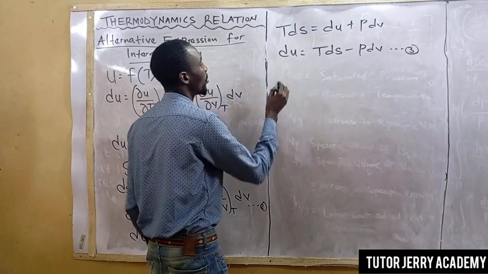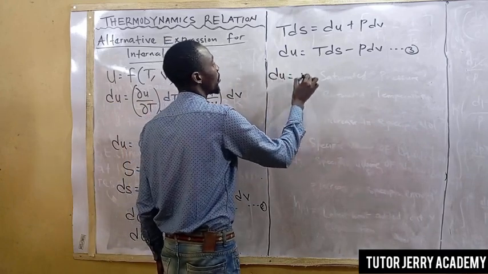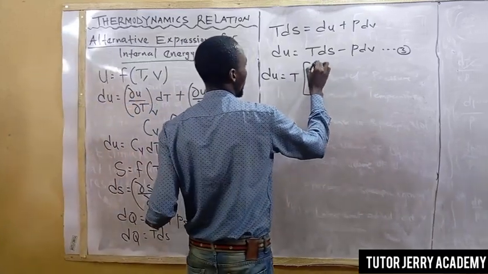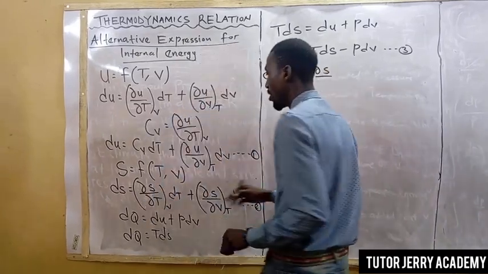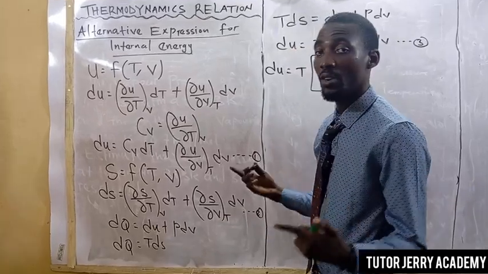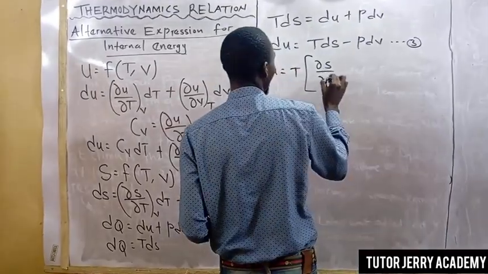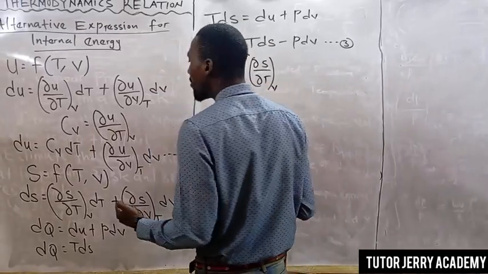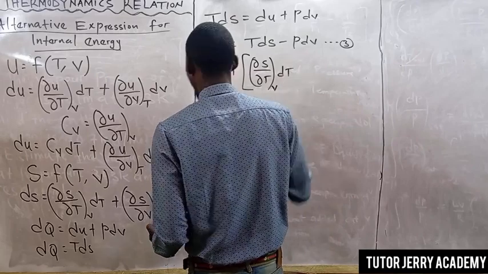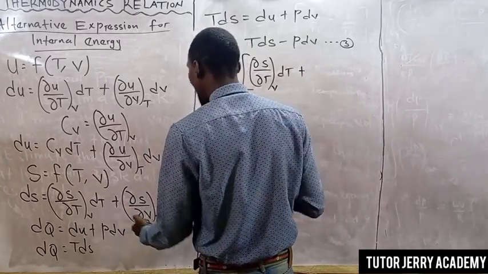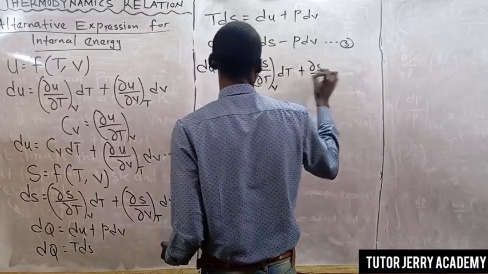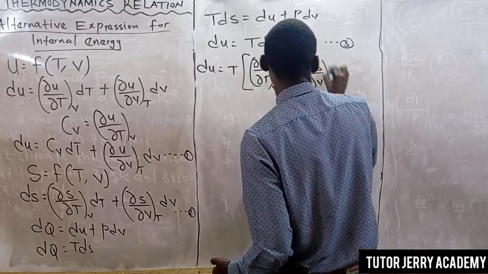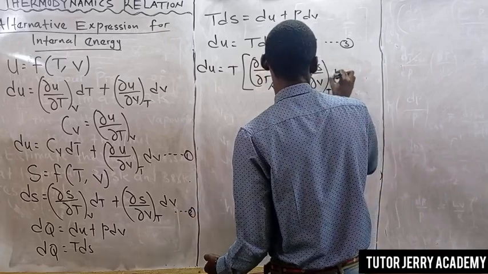So now we are going to say dU will be equal to T into the partial derivative of S over the partial derivative of T, keeping V constant, dT, plus the partial derivative of S over the partial derivative of V, keeping T constant, dV.